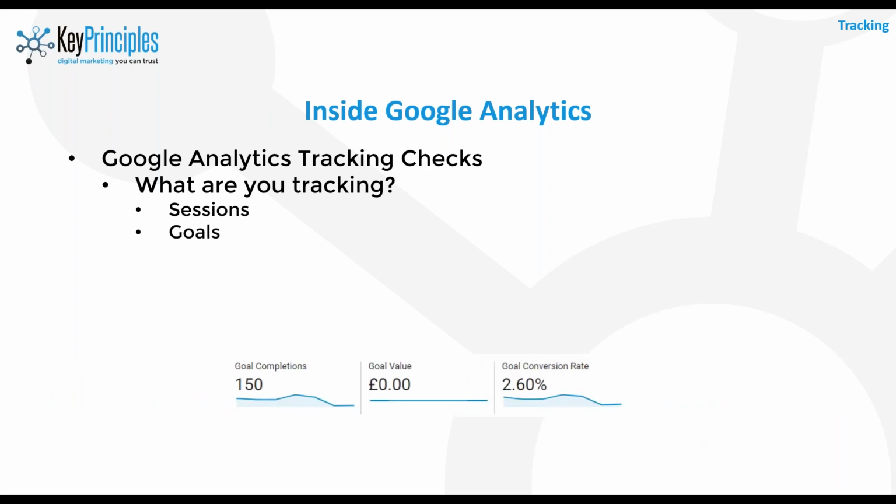Probably something that is a bit of a bugbear for me is the fact that people will often set up Google Analytics and they won't actually set up goal conversions or events. And really, just knowing the number of people that have visited your website isn't that helpful.